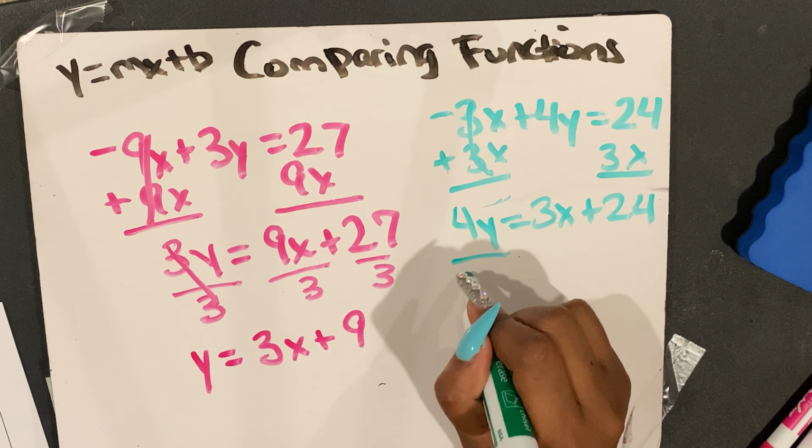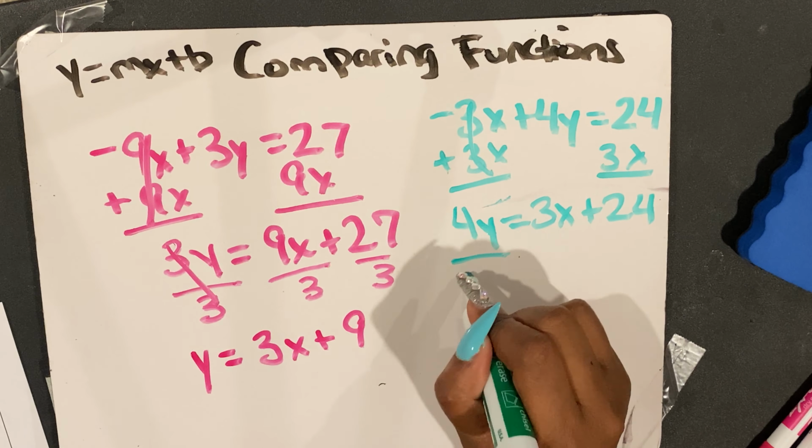So 1 and 2.6, 3 and 3.8, 5 and 5, and 7 and 6.2, or 6 2/10.